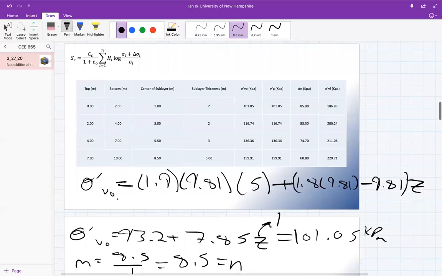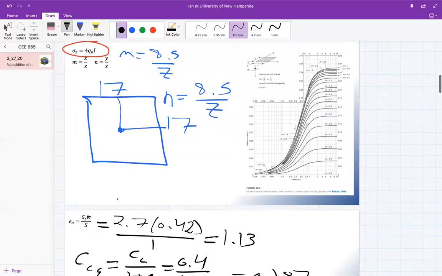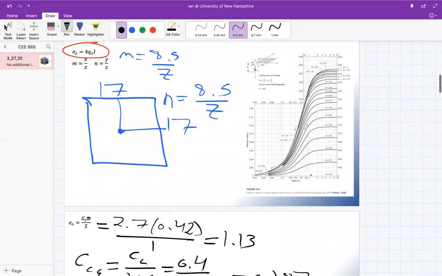So now we're going to come back up to this equation. We have our values of N, and we know 8.5 is somewhere here, and we have an M that is significantly great. So we're going to assume that this is the M line that we're going to use, up to infinity.